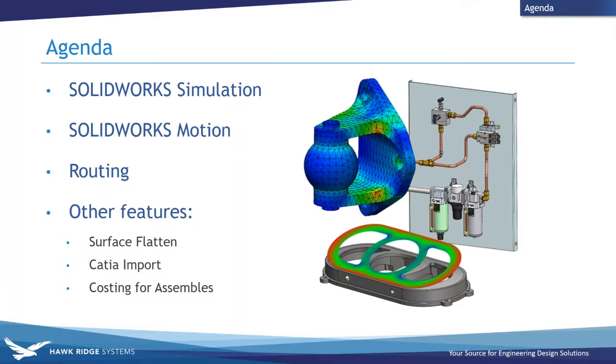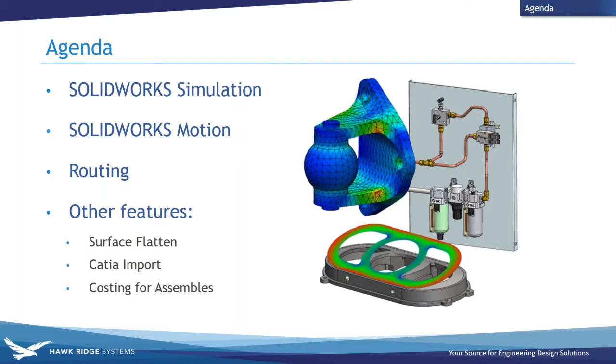We have the routing tools, which are useful for pipes, tubing, or wiring and cable harnesses. Those are basically automatically sweeping your 3D paths for those types of things and allowing you to create drawings and other nice outputs for your routes, and just a bunch of other features that have made their way into Premium that we'll go over.